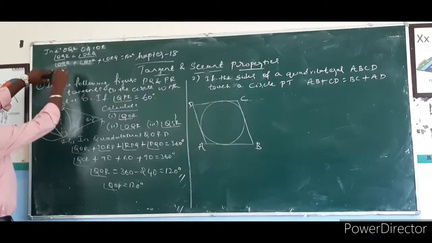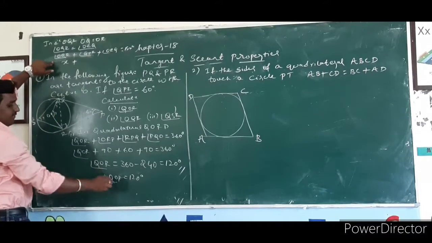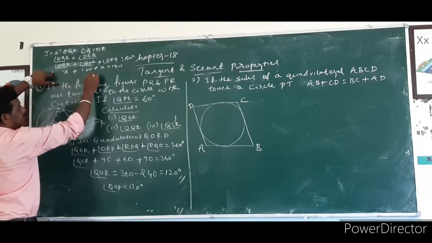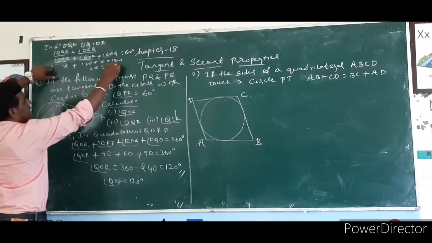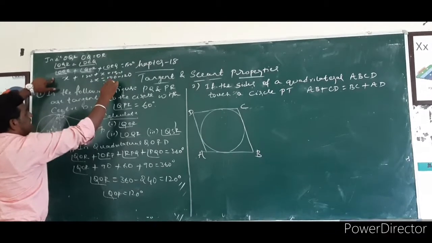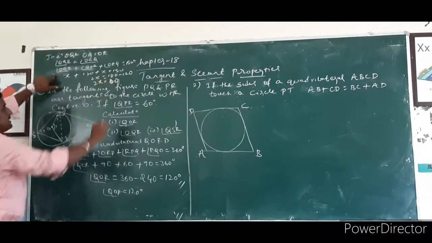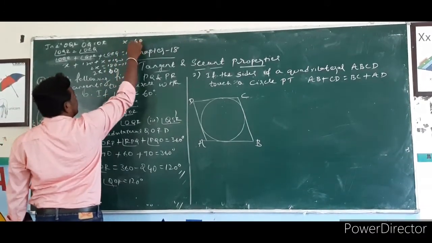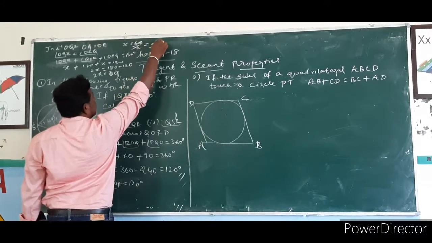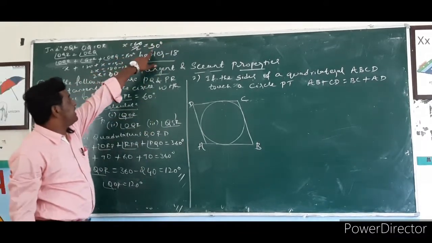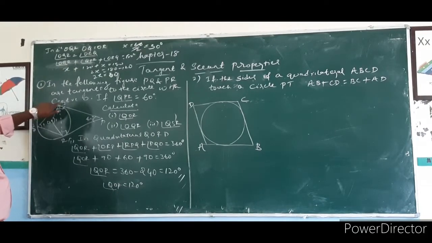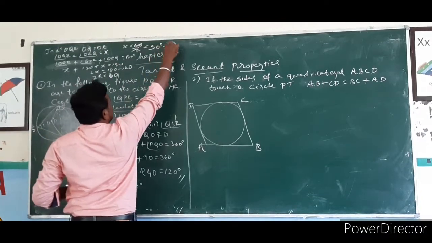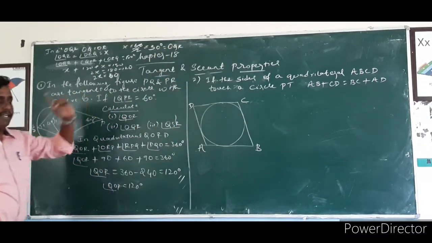These two angles are equal, so X plus, we already found 120, plus X is equal to 180 degrees. X plus X is 2X, and 180 minus 120 leaves 60. 2X is equal to 60, that means X is equal to 60 divided by 2, which is 30 degrees. So OQR is equal to 30 degrees.